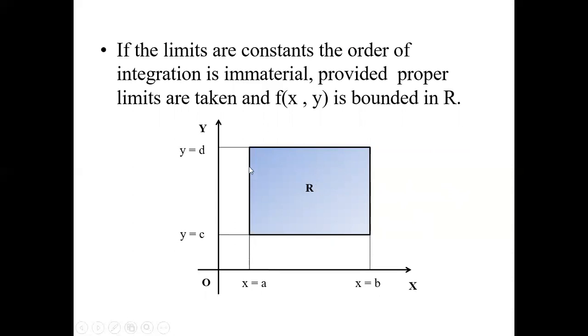Here x varies from x equals a to x equals b, and y varies from y equals c to y equals d. Therefore, the limits are constants, so the order of integration is immaterial. Either you can integrate with respect to x between the limits a and b, or you can integrate with respect to y between the limits c and d. So this is case number one.